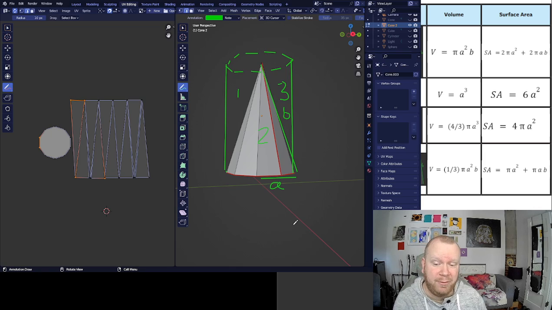A typical problem for this might be me giving you A and B, if it's relevant, and asking you to find the surface area and volume.